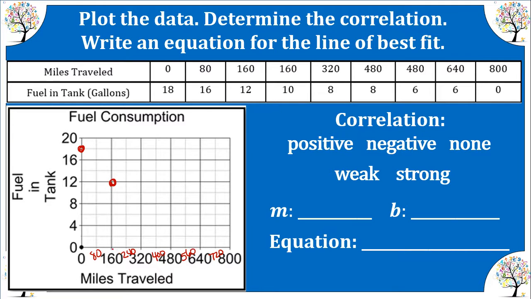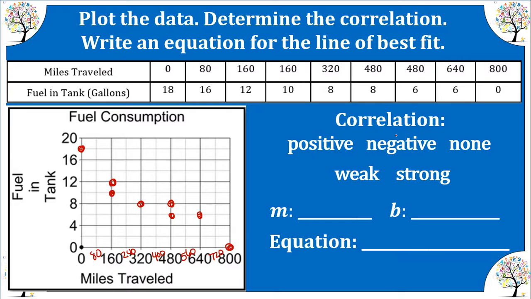At 160, we have 10 gallons. At 320, we have 8. At 480, we have 6 gallons. And at 640, there are 6 gallons. And at 800, there are no gallons.